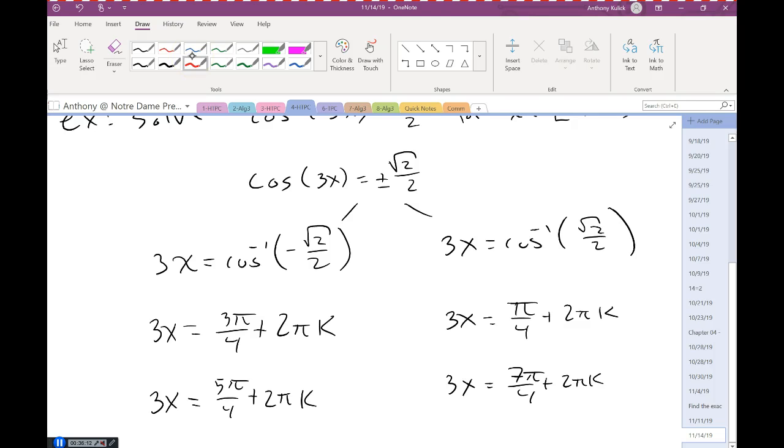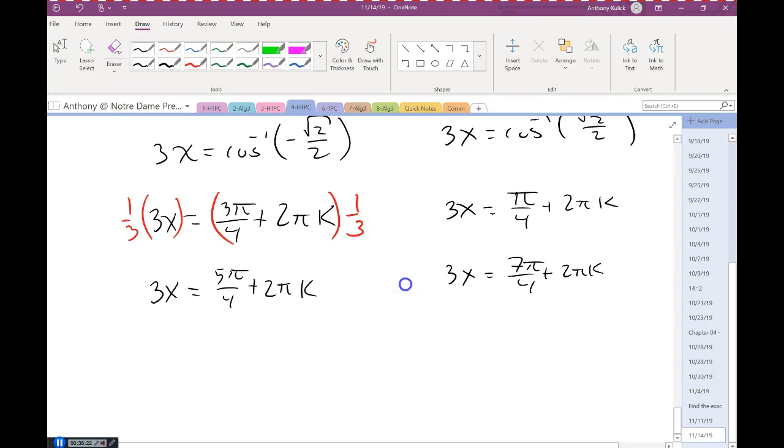Now I'm going to get the x by itself. So I'm going to multiply both sides of these equations by 1/3. So I'm going to get x is equal to 3 pi over 12 plus 2 pi k over 3.